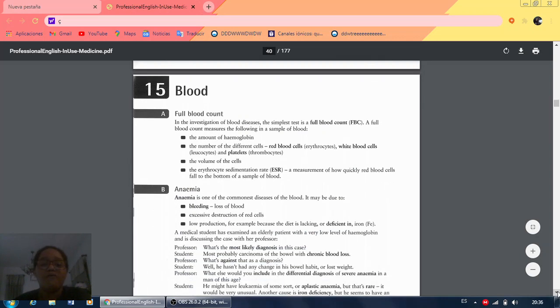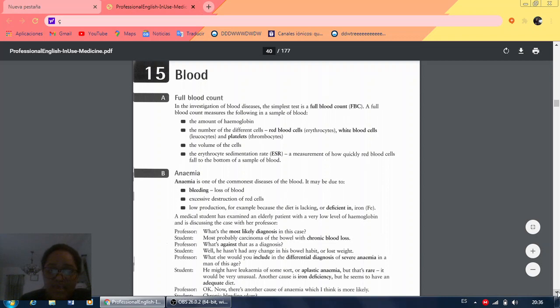Blood counts. In the investigation of blood diseases, the sample is a full blood count, a measurement of the following. The amounts of hemoglobin, the number of the different cells, the red blood cells and white blood cells, the volume of cells, the erythrocyte sedimentation rate.